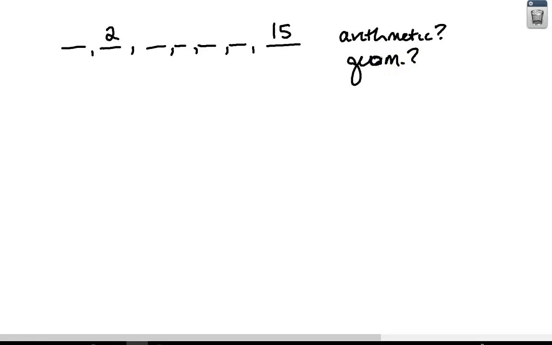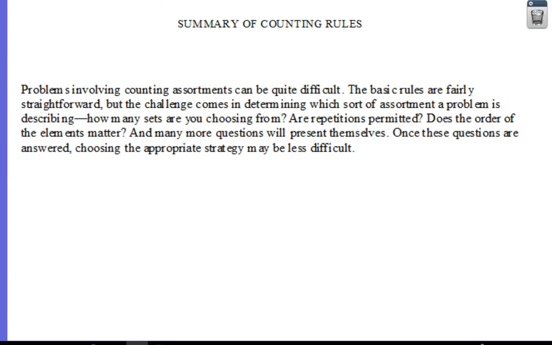Okay, so switching gears. Let's pop over to the second part of the video, which is counting rules. So this is the second video in this sequence. What we're trying to figure out is basically how many ways can I do certain things.